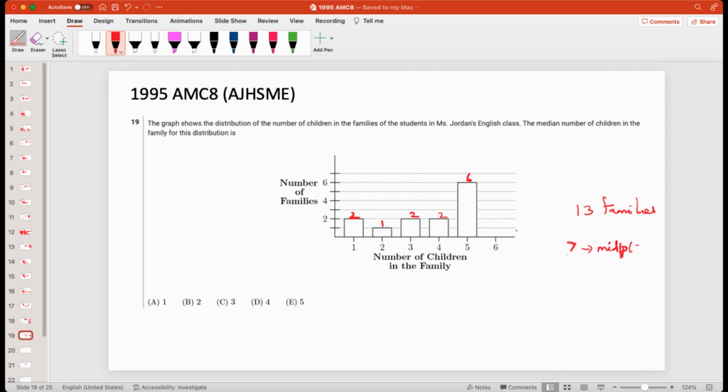Here I need the seventh family. So I have 2 plus 1, 3, 4, 5, 6, 7. So the seventh is going to come over here, where the number of children in the family is 4. So this is my midpoint, and the midpoint falls on 4. So my answer is 4.